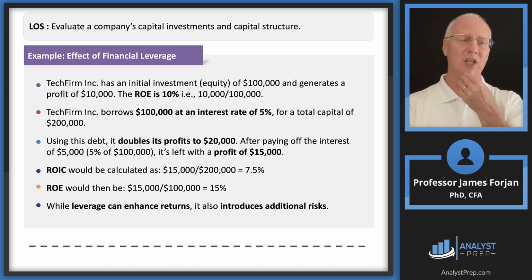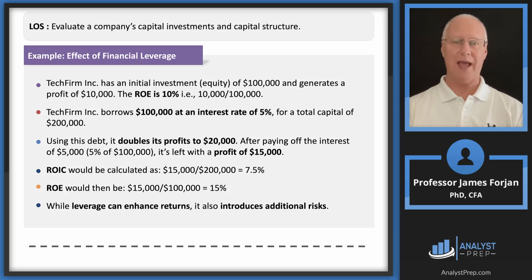So you would think that if this firm doesn't do anything over the next year or two, its return on equity is probably going to be somewhere around 10%. But let's suppose we issue a bond. So there we go. We borrow $100,000. Notice that's the same as the $100,000 initial equity, right? So we're paying an interest rate of 5%. So we have total capital of $200,000. Of course, assets equal liabilities plus equity.